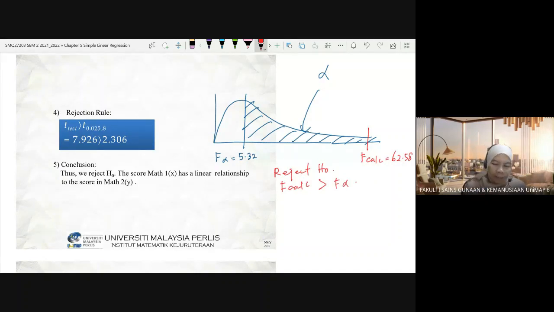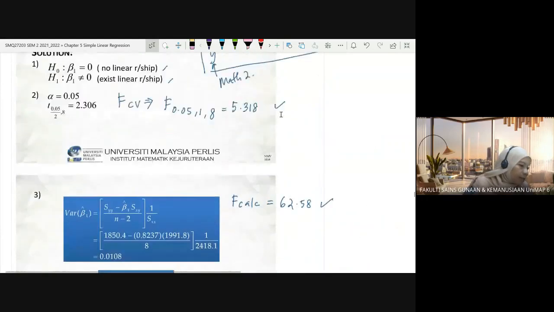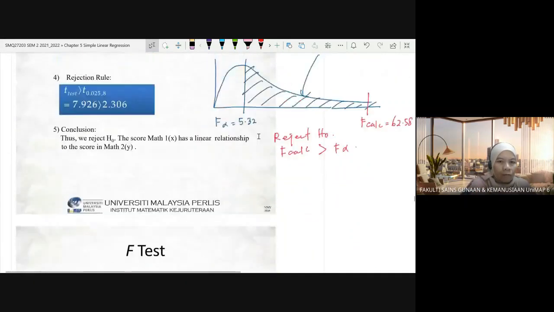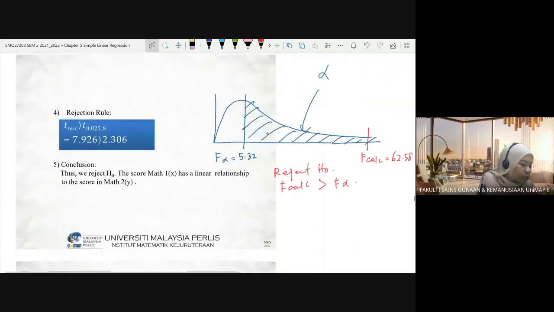Since we are rejecting our null hypothesis, it means that we are going to make the conclusion on our alternative statement. So the score in Math 1 has a linear relationship to the score in Math 2. Okay, so this is the simplest way you can make your conclusion.